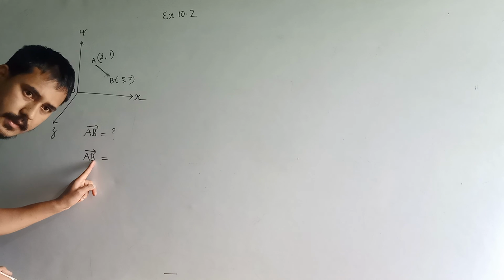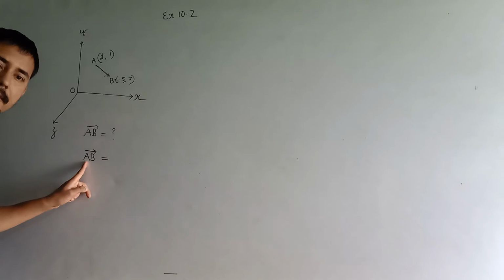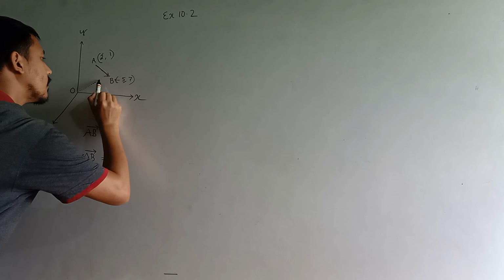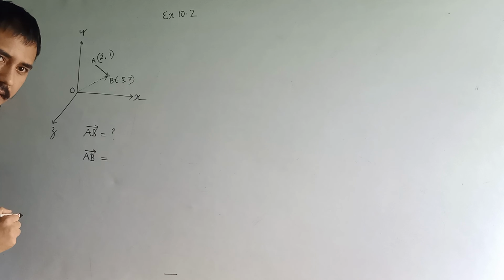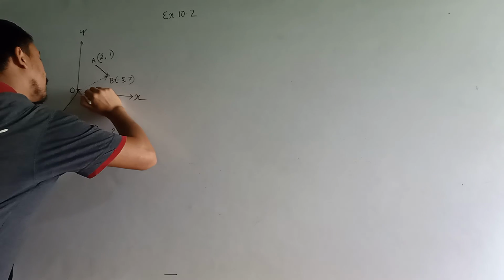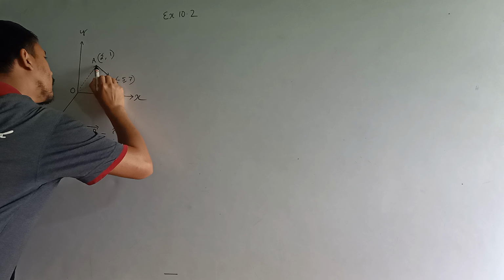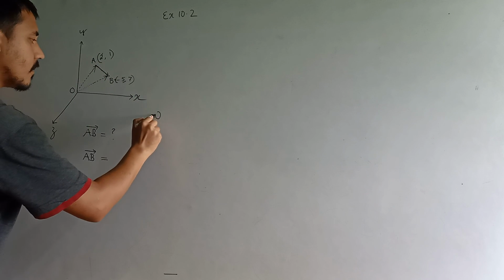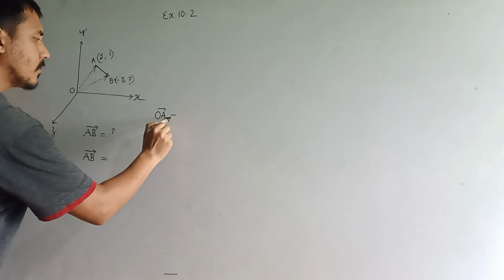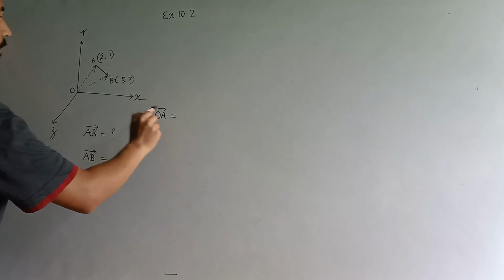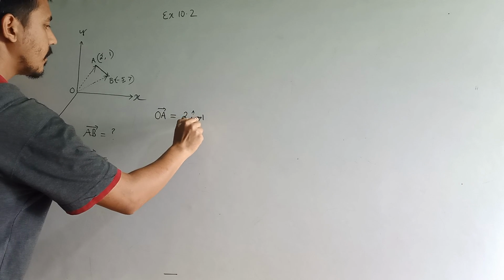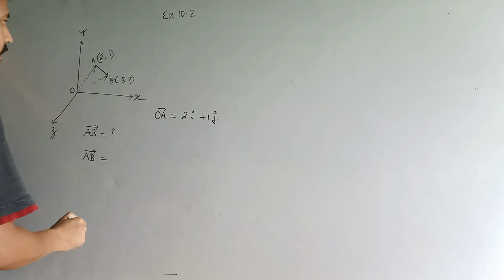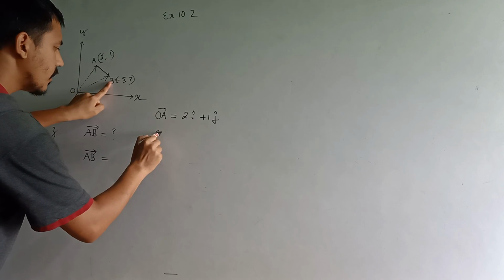Position vector of B minus position vector of A. Position vector of B will be vector OB. Position vector of A means vector OA. And how do we write position vector of A? 2i cap plus 1j cap. And how do we write position vector of B?